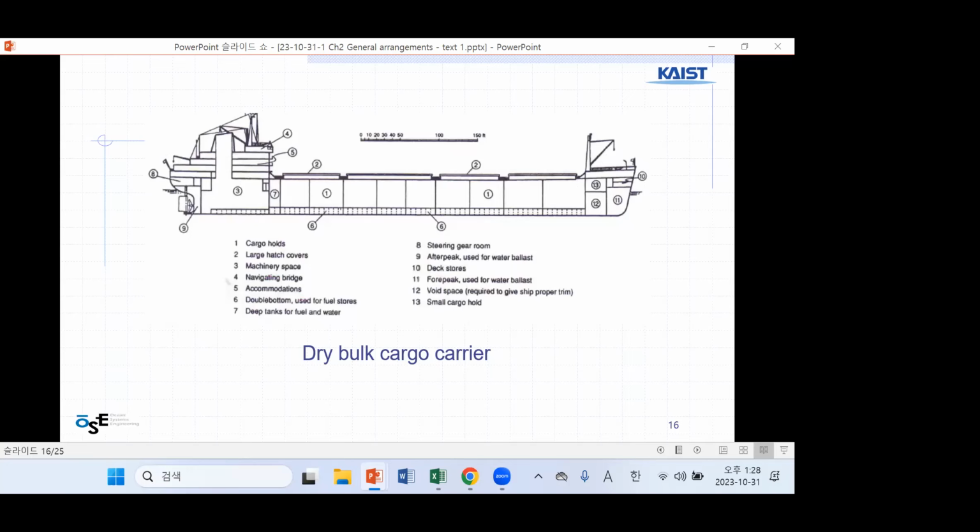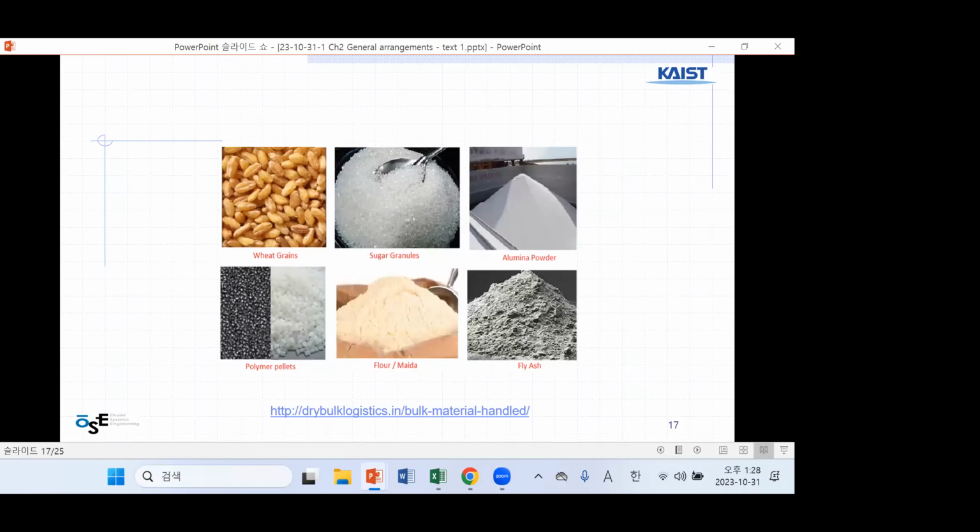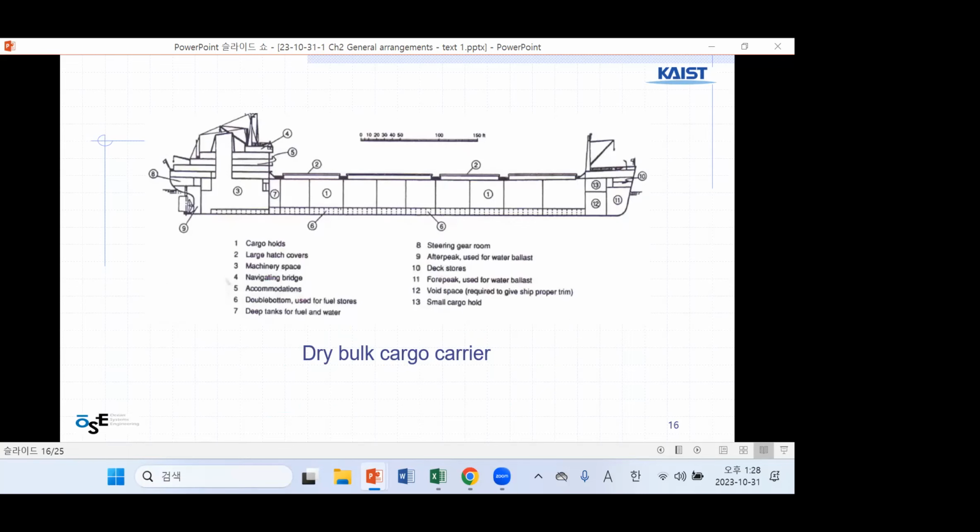But if you are not familiar with this, this is a bulk cargo carrier for grain, sugar, aluminum powder, flour, and polymer pellets. All things are stored and poured down into the ship. Of course, this is a dry bulk cargo carrier.